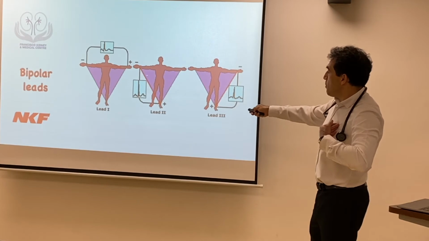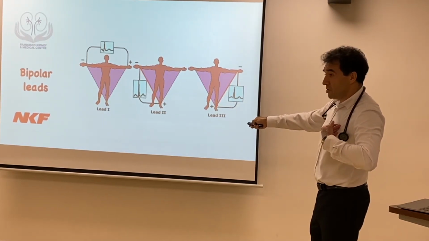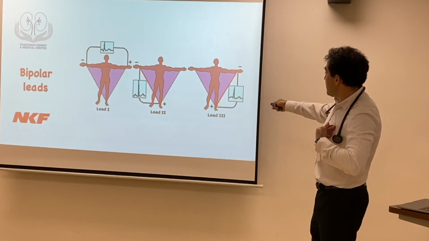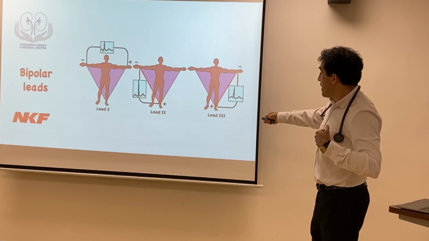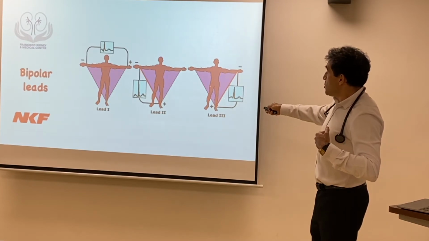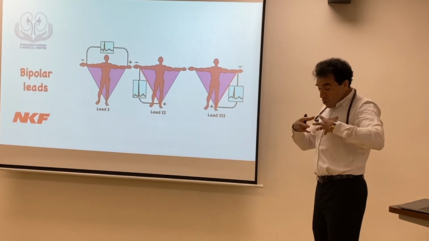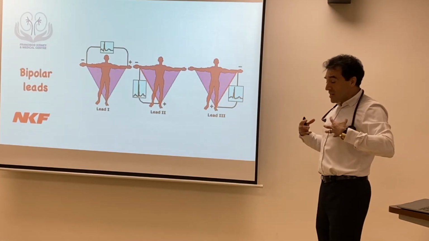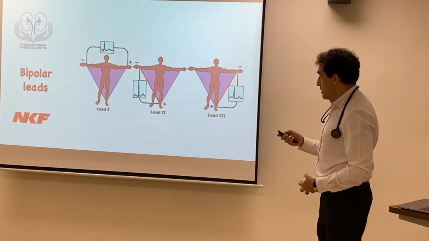Lead 2 sees the impulse going from the right arm to the left foot. And lead 3 sees it from the left arm to the left foot. When the heart contracts, you're watching the electrical activity from this side, and from that side.